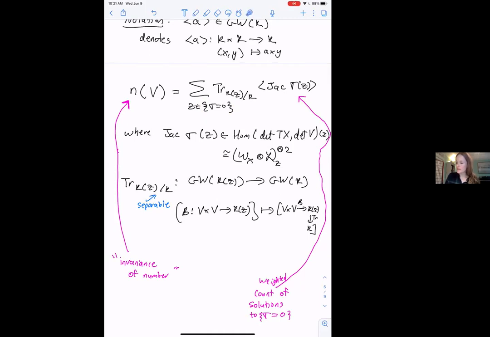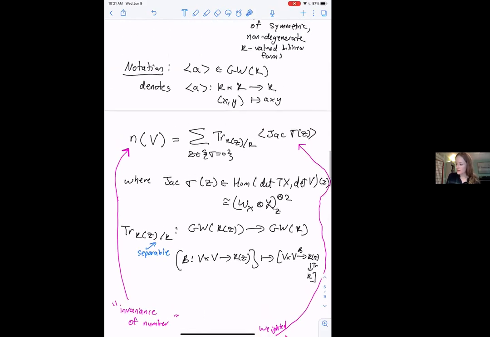We'd like to compute this weighted count, and then we learn things about the fields of definition of our solutions and about this Jacobian, and it enriches the enumerative geometry count.